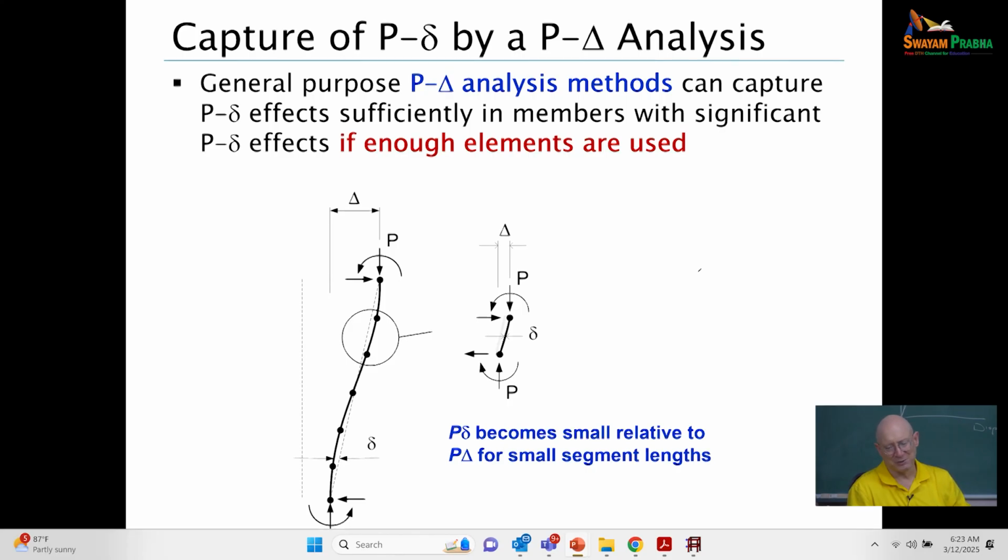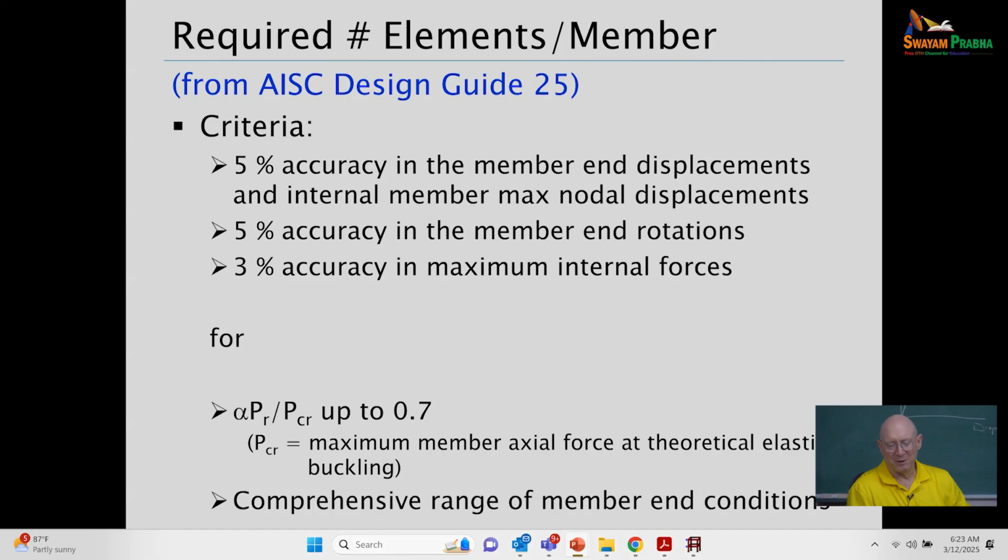So how many elements? Some recommendations I'll give you basically relate to aiming for design to get 5% accuracy in displacements and rotations, and 3% accuracy in forces, for applied load levels at strength up to 70% of the elastic critical load.